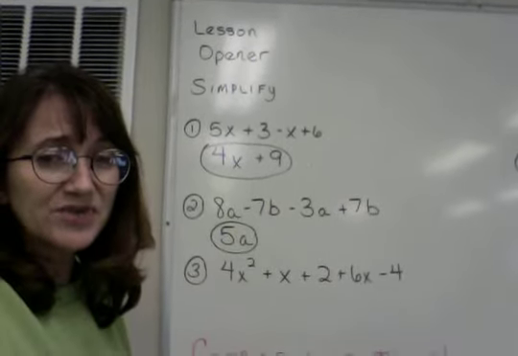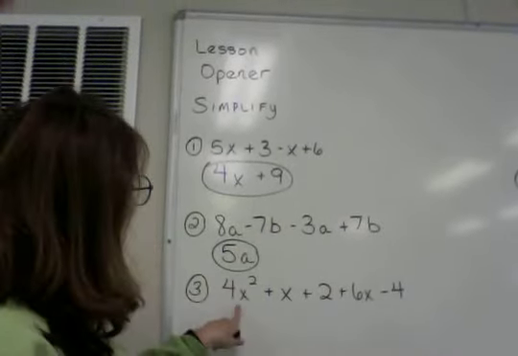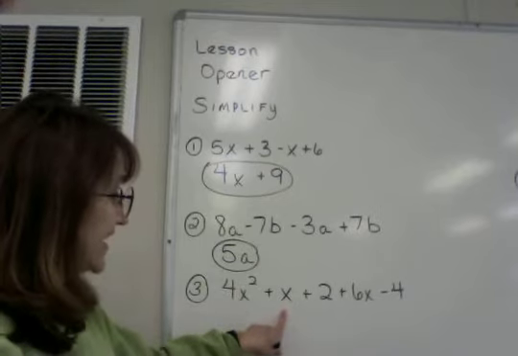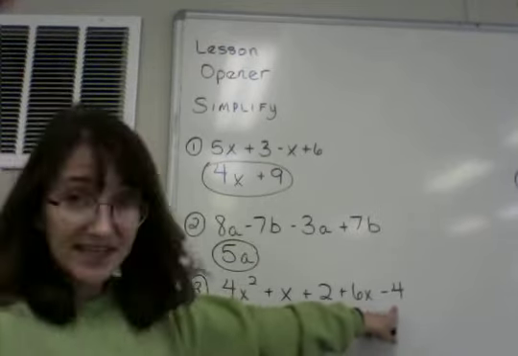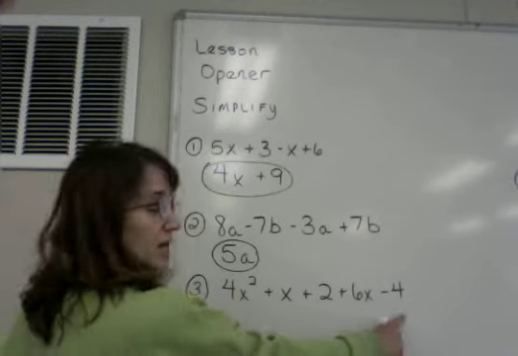Going to the next one, we have 4x squared plus x plus 2 plus 6x plus a negative 4. This is kind of starting to look like our trinomials that we used a lot in the last chapter. So 4x squared, do I have another x squared I could put with it? Nope.